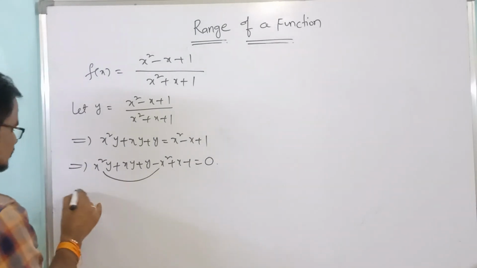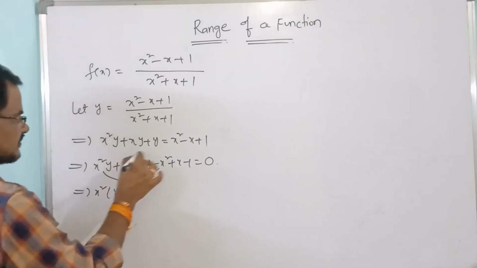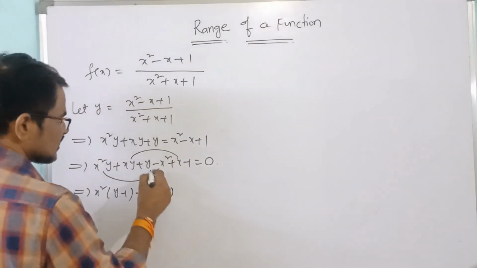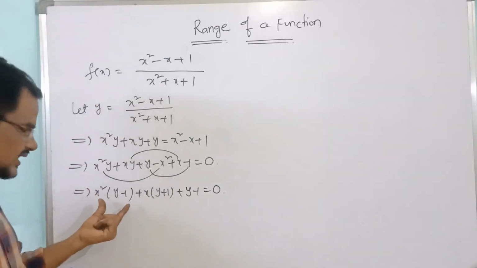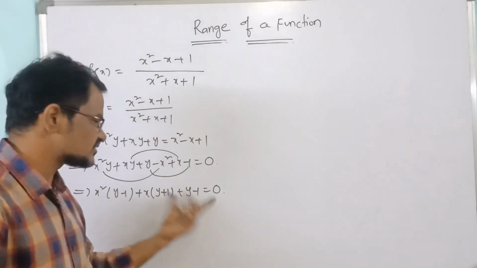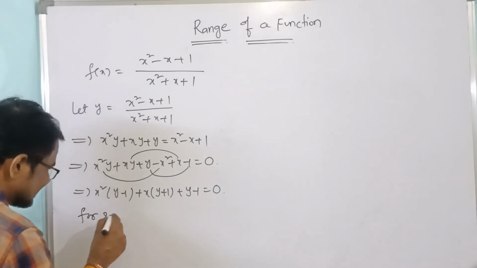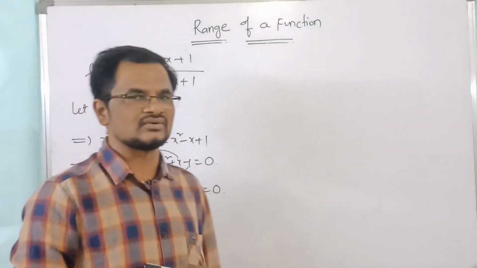From these two x square common, so remaining is y minus 1, and from these two x common, y plus 1, and the constant term is y minus 1. Now it is a quadratic equation, with x square, x term and constant term. So here for a real x, the discriminant should be what? Greater than or equal to 0.